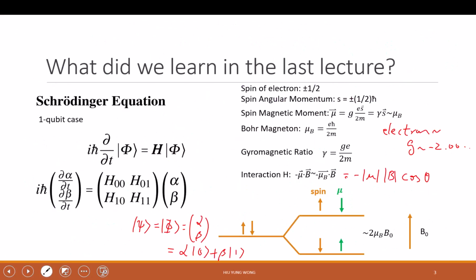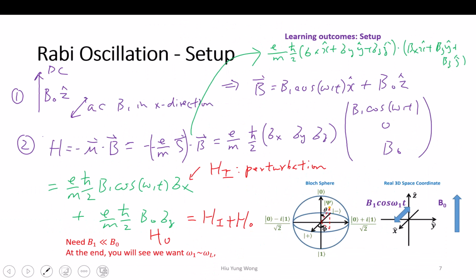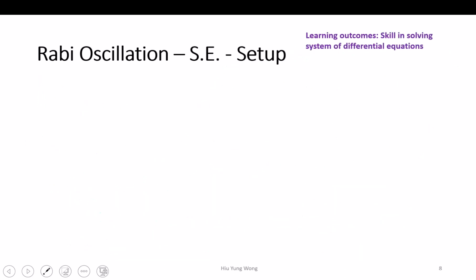As I showed you here, this is the mu B, e h bar divided by 2m. So this system is just like that. It's the same system we have studied before for the Larmor precession, except that we add a new perturbation to this Hamiltonian. And so then we will use the perturbation method to solve this problem. Okay? So this is the first setup.